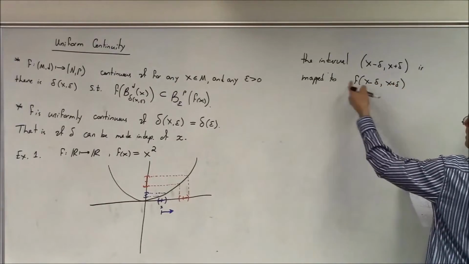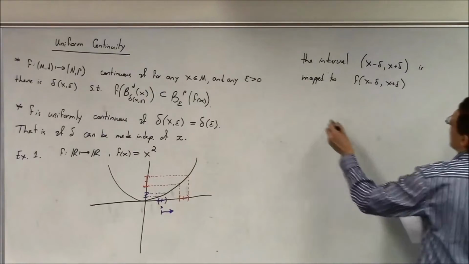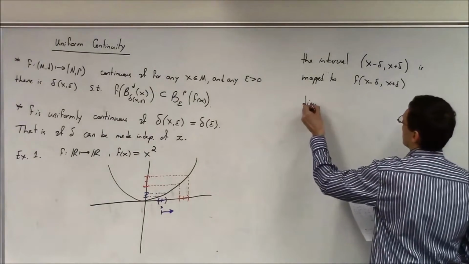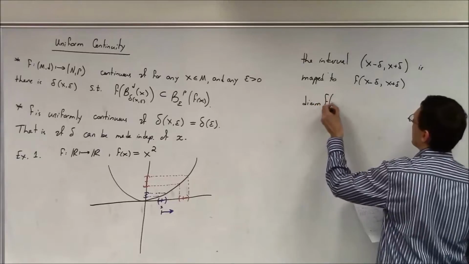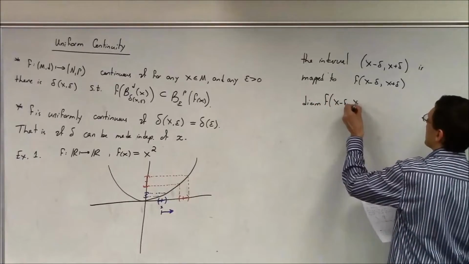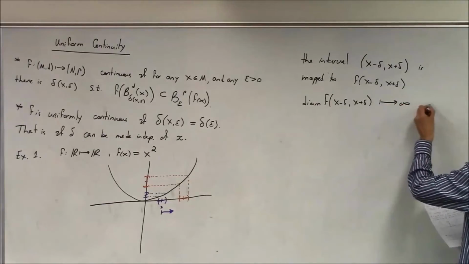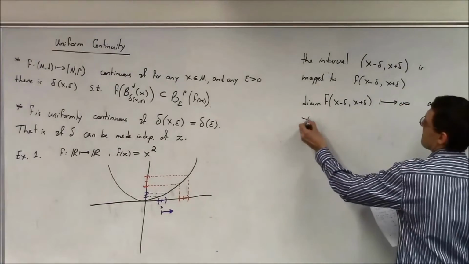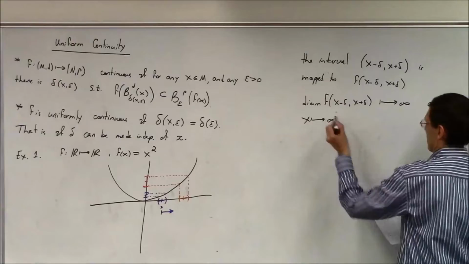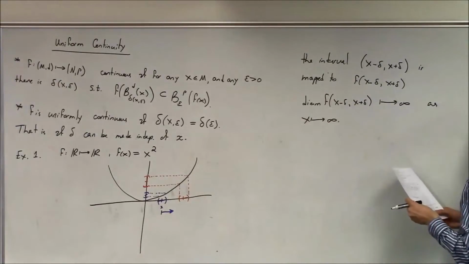So I just apply the function f to this interval. And what can I say about the diameter? The diameter of f of x minus delta, x plus delta will grow to infinity as x is pushed to infinity. So therefore, the function is not uniformly continuous.